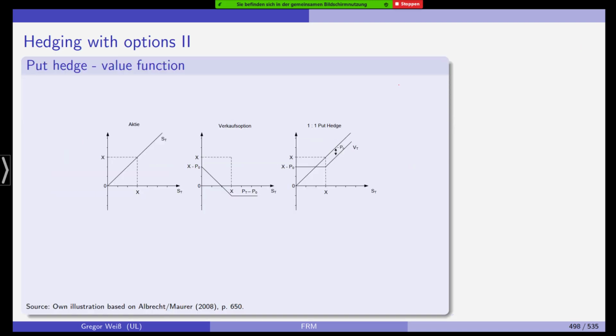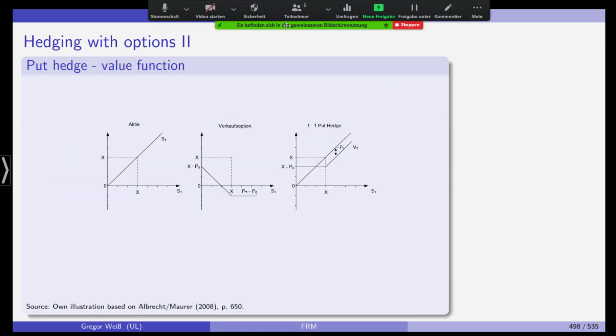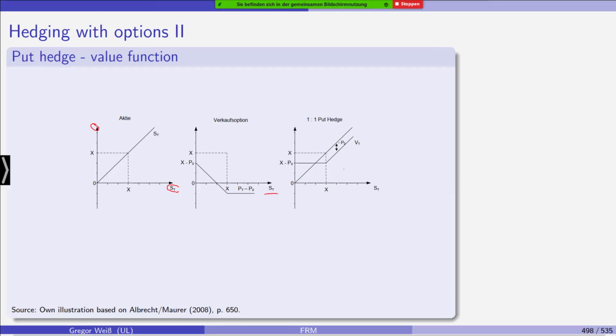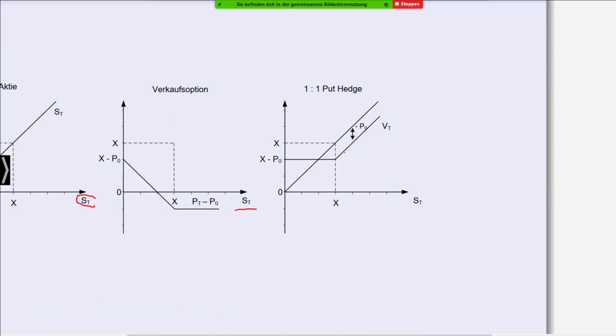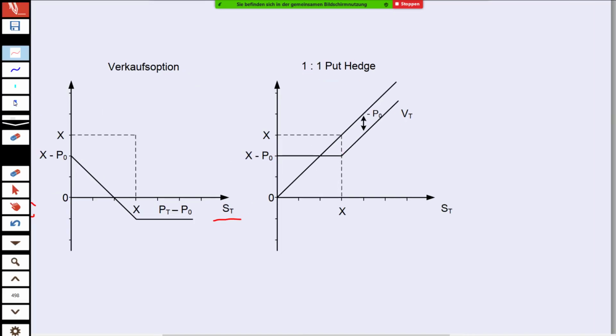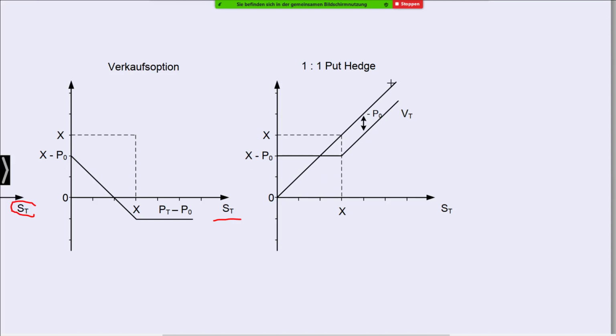If we want to look at this in more detail, you can see that actually this is the linear asset, the stock. If the stock goes up by 1, the portfolio goes up by 1. The put option, if this underlying price changes, the value of the put at maturity changes. And if we now zoom into this here, what happens is, initially, we would have had this.